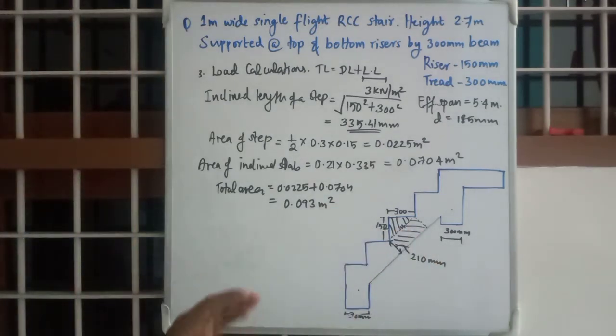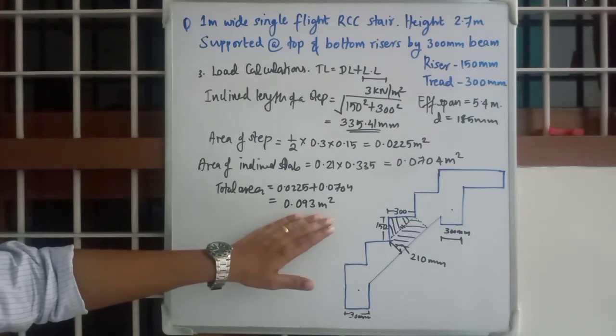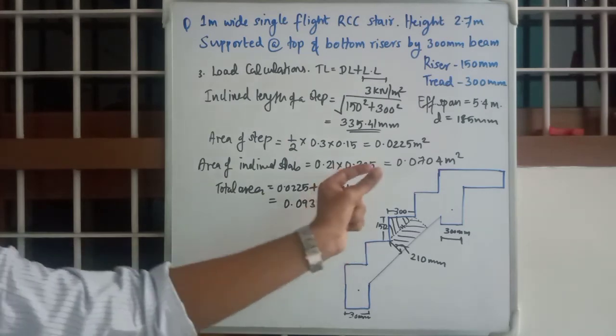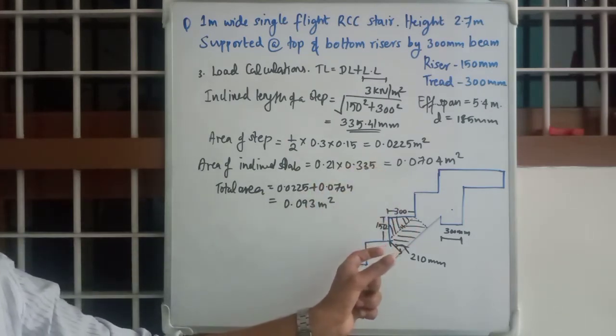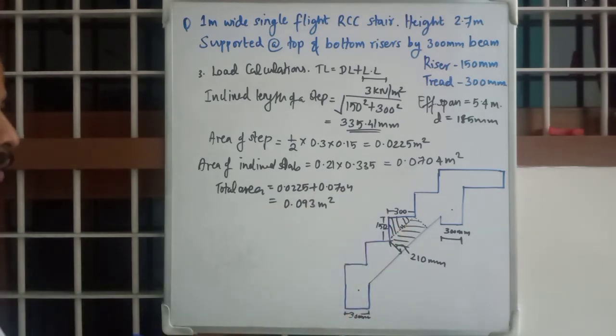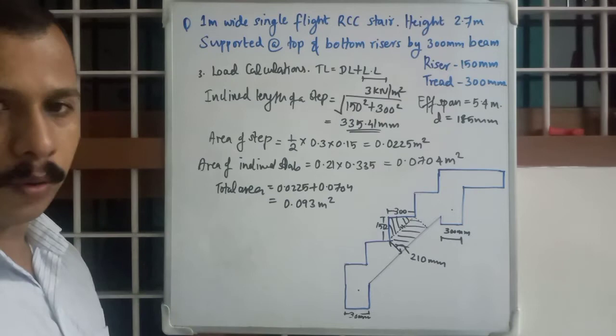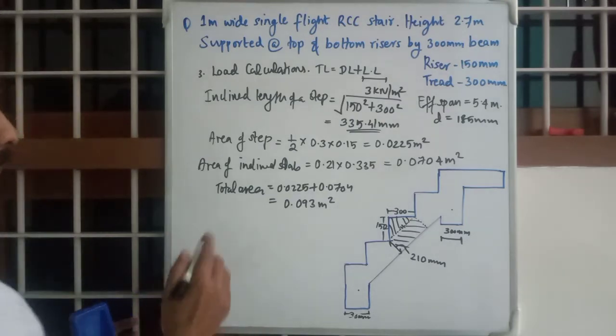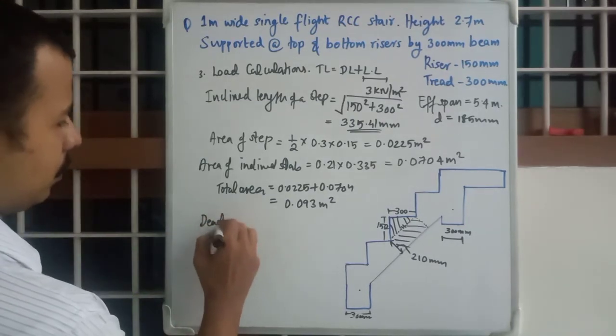Okay, so we have the area for 1 meter width of step of the staircase. Okay, so now you will calculate the dead load. How do you calculate the dead load?